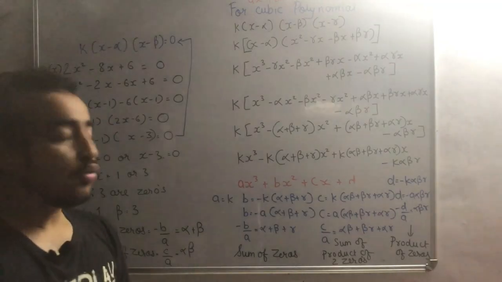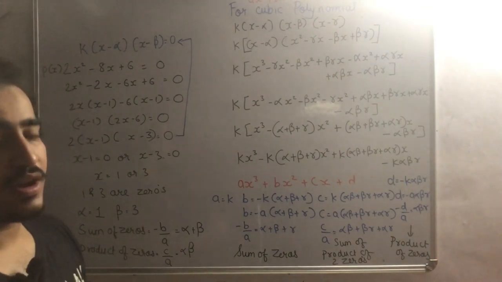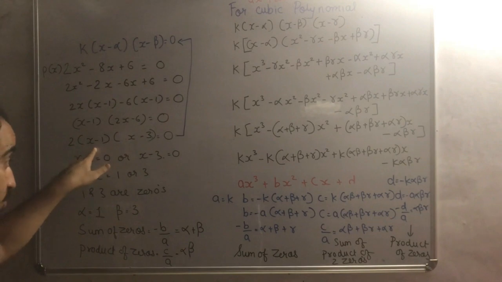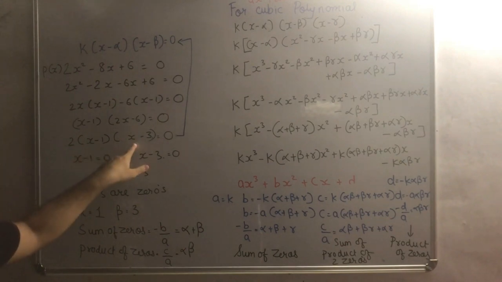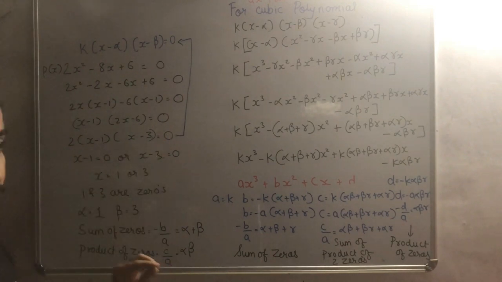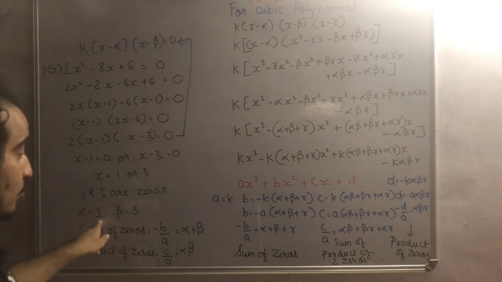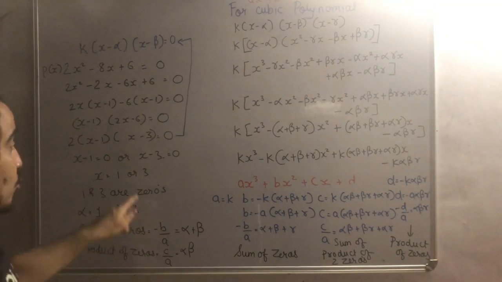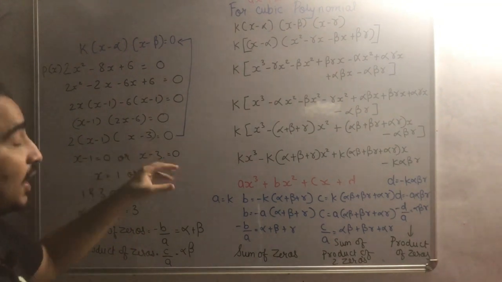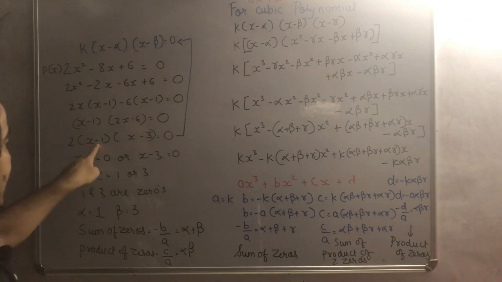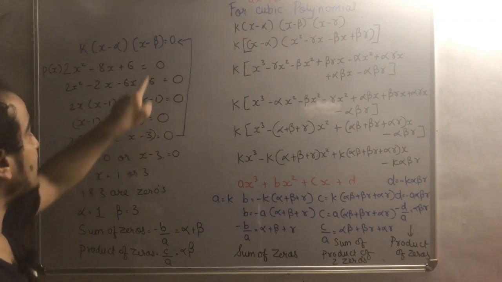Let's start. Now we have seen the concept of alpha and beta. Previously we saw 2 into bracket x minus 1 into bracket x minus 3 equal to 0. The value of alpha here is 1 and beta is 3, so instead of 1 and 3, we can put alpha and beta: x minus alpha and x minus beta.